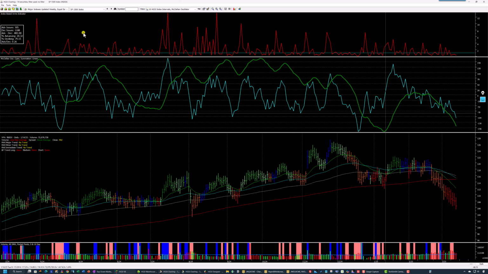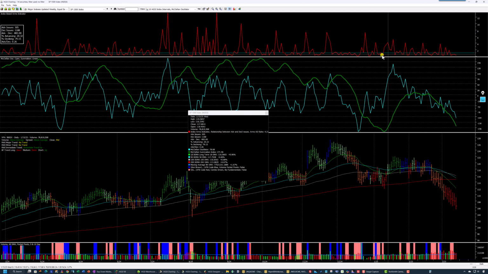This up here shows you the advancers versus decliners, and this red line up here, if it's below this blue line, it's really negative. You can scroll across here and bring up the information window, and I'll go right there. It tells me on that day, this day right here, the index arms indicate the relationship between the advancing and declining issues.